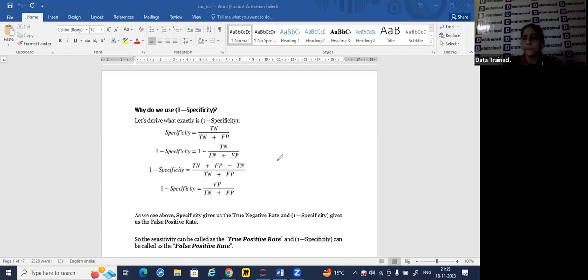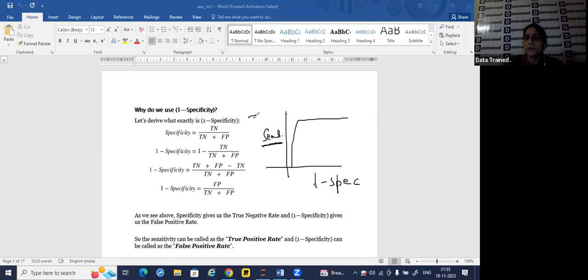When the graph is drawn, this axis is sensitivity and this one is 1 minus specificity. So these can be termed the true positive rate and the false positive rate, TPR and FPR.